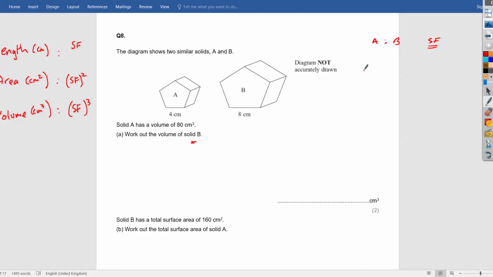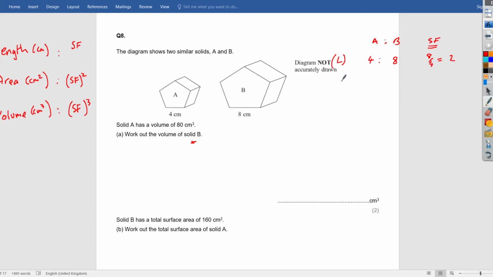So my length, L for length: A is 4 centimeters, B is 8 centimeters. If I do 8 divided by 4, my scale factor is 2 for the length.